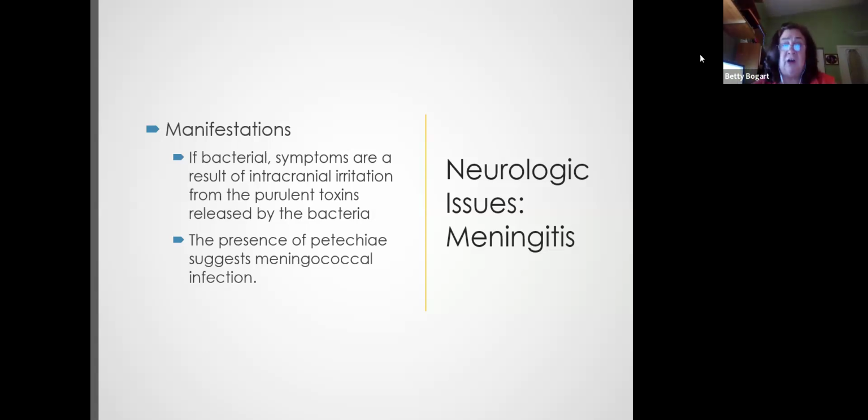Now, if it's meningococcal, which is bacterial, many times you're going to see petechiae all over the body. And along with the headache, photophobia, neck rigidity, etc., you're going to know that it is a bacteria. Protect yourself. Always put a mask on if you see that.